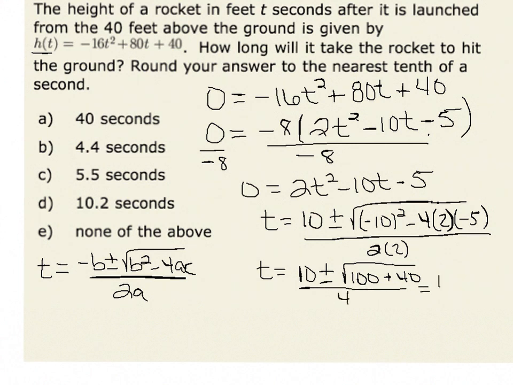This is equivalent to 10 plus or minus the square root of 140, all over 4. Taking this into my calculator and noting that I want t to be equal to a positive number, I get t to be approximately 5.5 seconds.